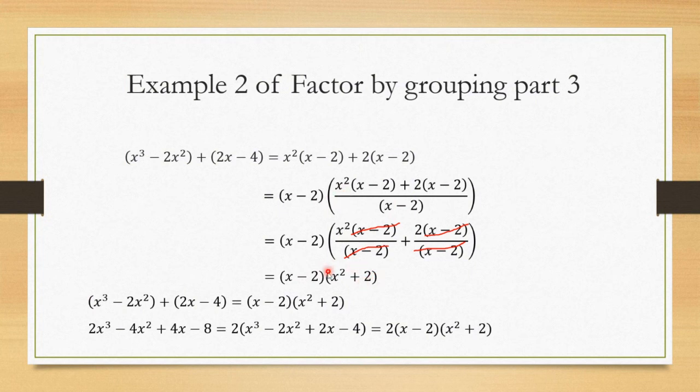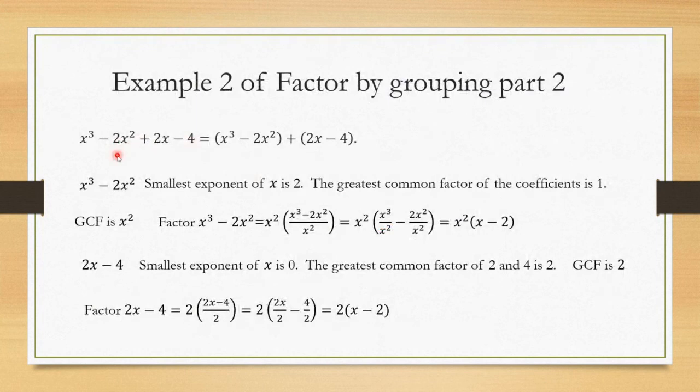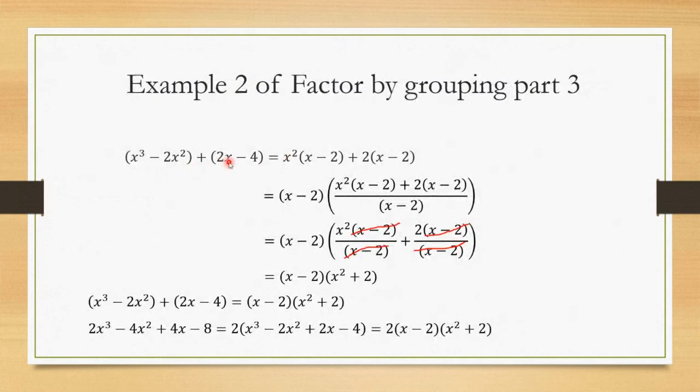Okay, that's good. So what we have is this polynomial, which is the same as this sum. So that's equal to x minus 2 times x squared plus 2. But again, in the original polynomial, we had to take out the GCF of 2. And so I put the 2 in as well. Okay, awesome.